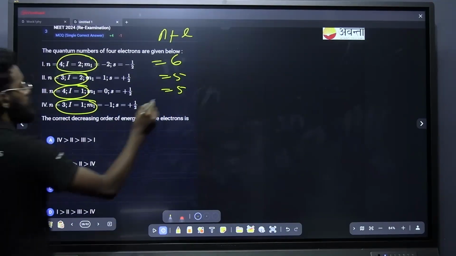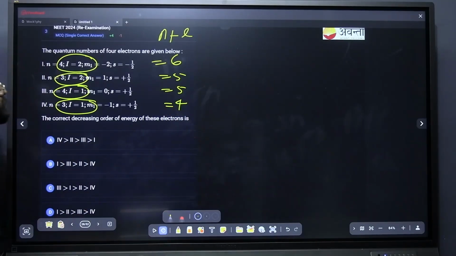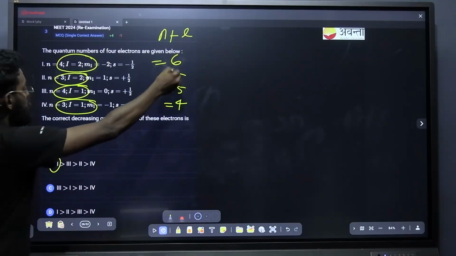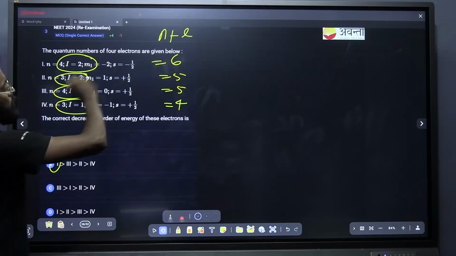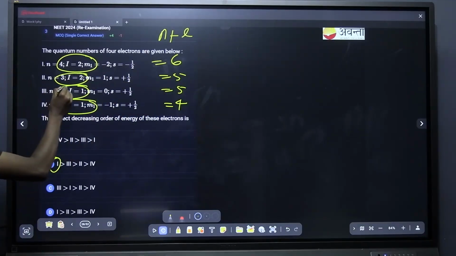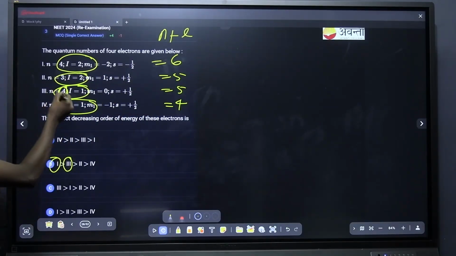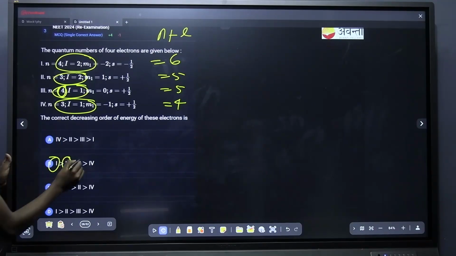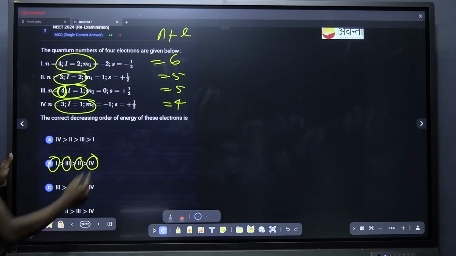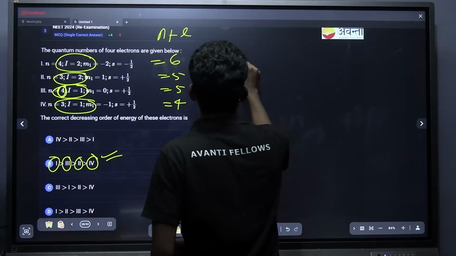The last one, it is 4. So among these, one will have the highest. Then there are two orbitals with 5. Among these, we have to consider which has the highest principal quantum number. So the third one has the highest principal quantum number. So the next highest will be third, then second, then fourth. This is the order. Everyone got it? Yes, sir.